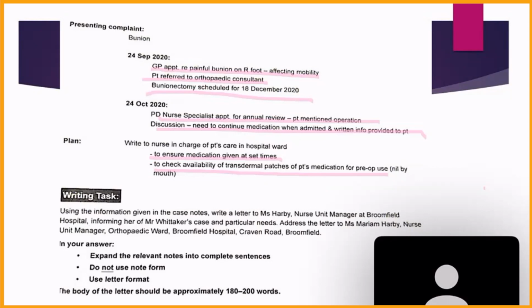And has been provided in writing to the patient. Clear? I just share the screen.